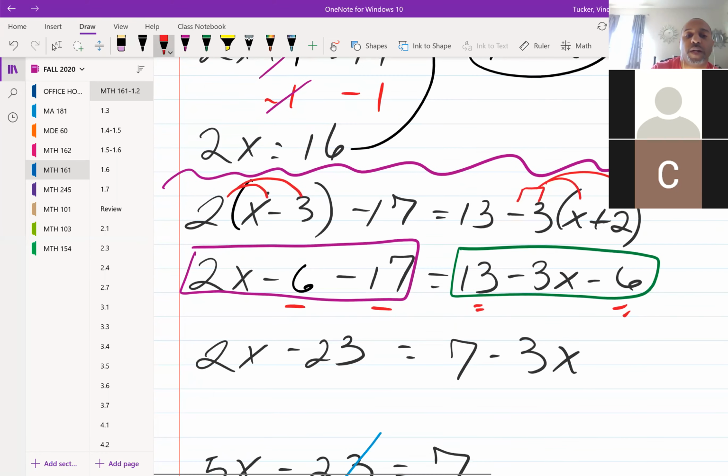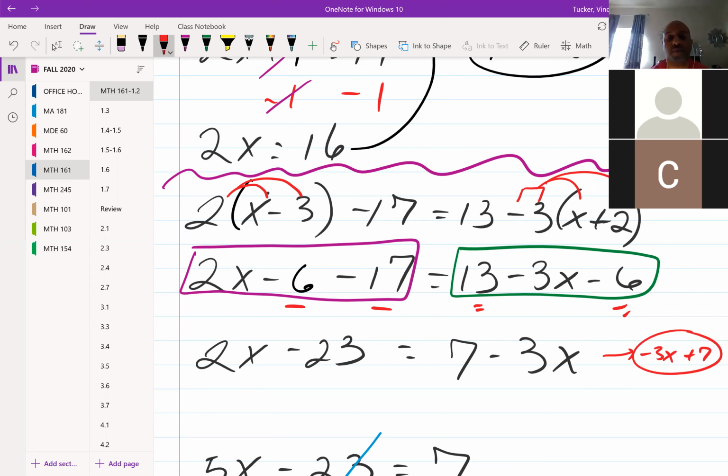And so that's where we are now. 2x minus 23 equal to 7 minus 3x. And don't forget, negative 3x plus 7 is the same thing. As long as the 7 is positive and the 3x is negative, you still have the same quantity. Any questions so far?